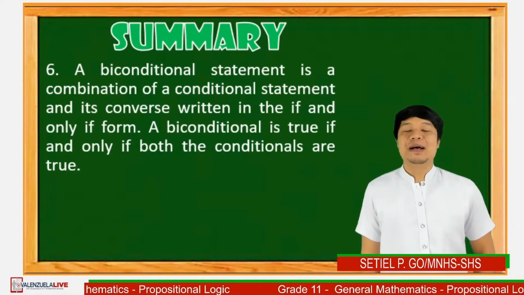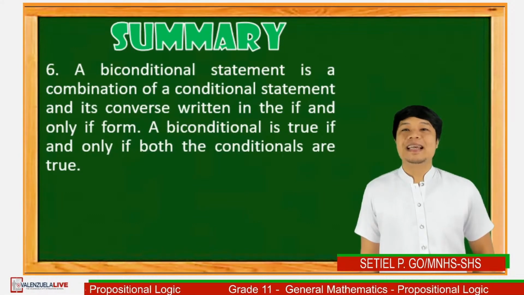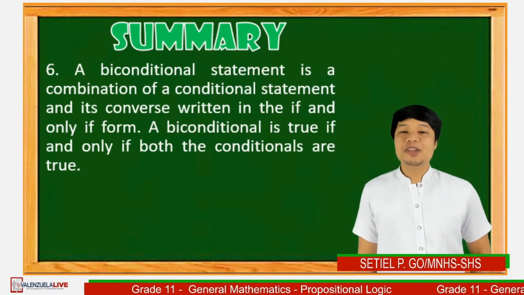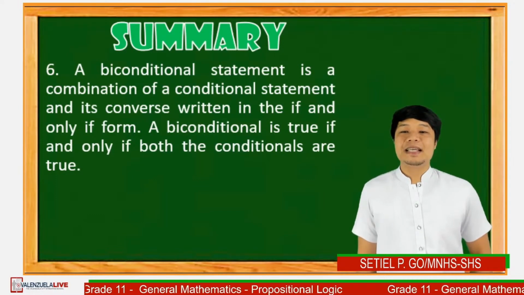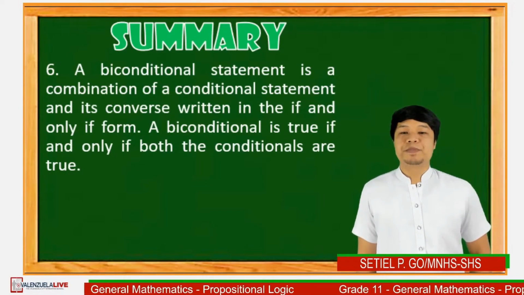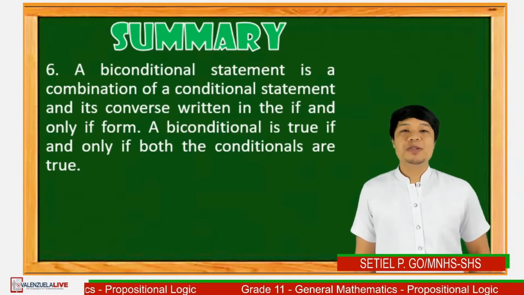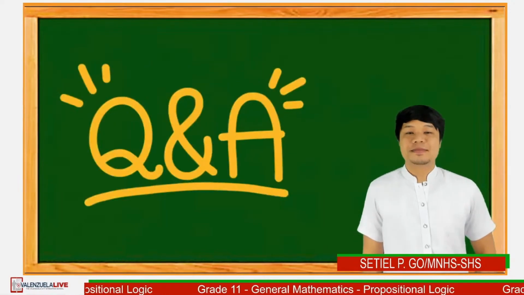Number 6, the biconditional statement is a combination of a conditional statement and its converse written in the if-then form. A biconditional is true if and only if both conditions are true.